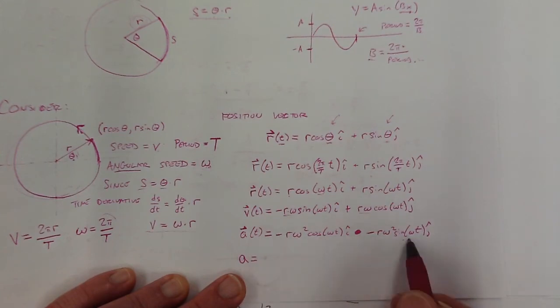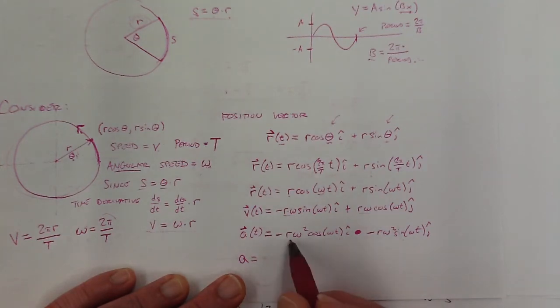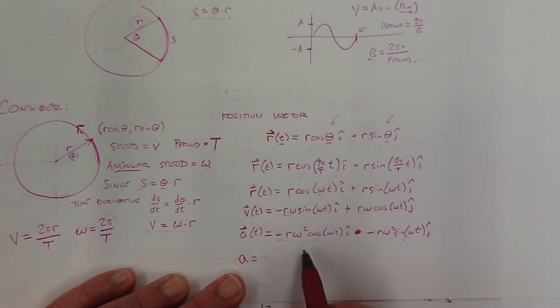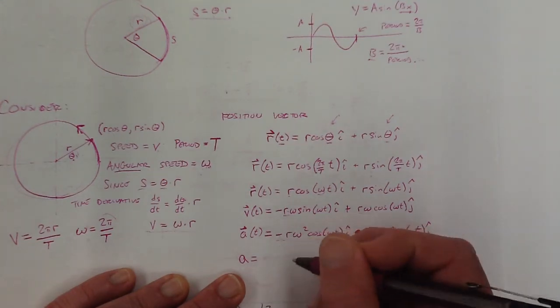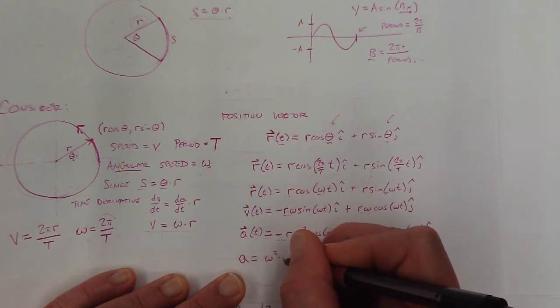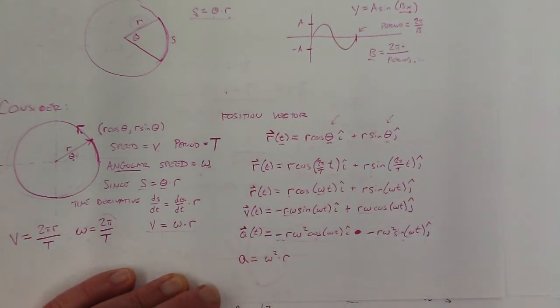Sine squared plus cosine squared. The minus signs don't matter because we're squaring things. Just interested in how long the hypotenuse of a triangle with those legs is. So when you square cosine and sine, this is going to factor off those. Sine squared plus cosine squared is 1. So the magnitude of the acceleration is omega squared times r.